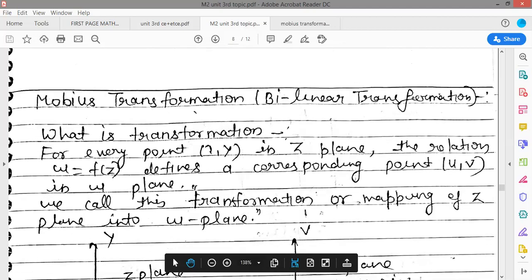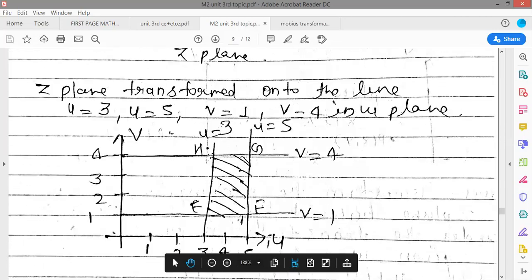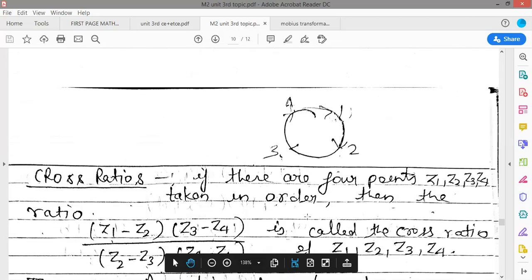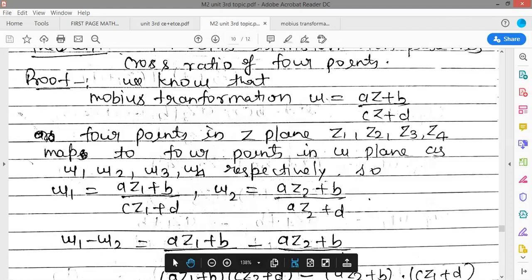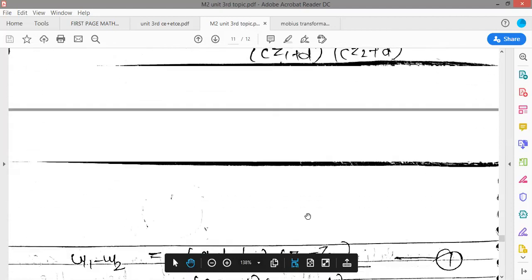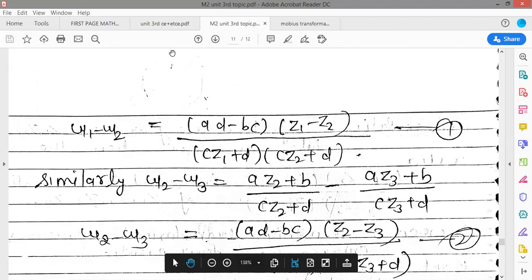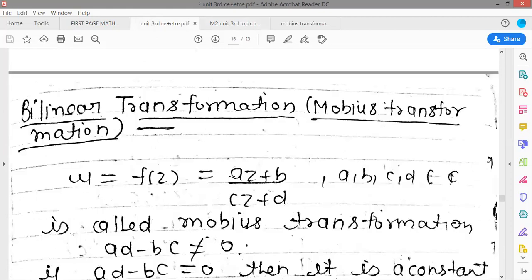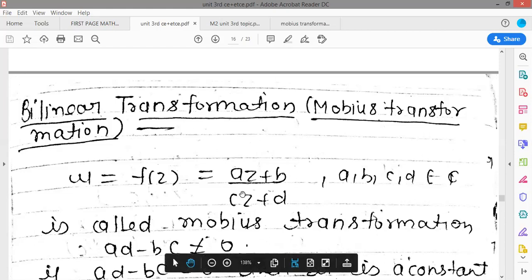Now the next topic is the Mobius transformation. So what is a Mobius transformation? It means w equal to f(z), where w equal to f(z) equal to (az plus b) upon (cz plus d). This is the form of the Mobius transformation.